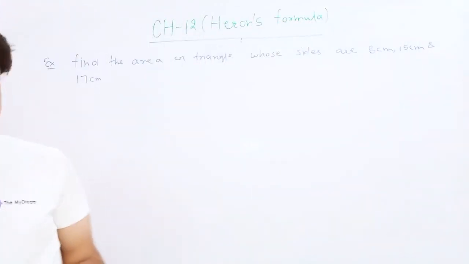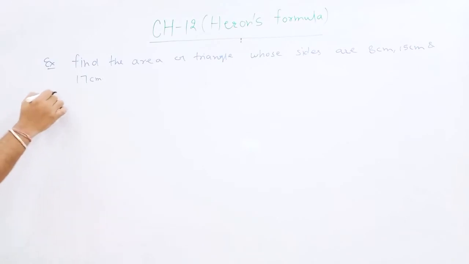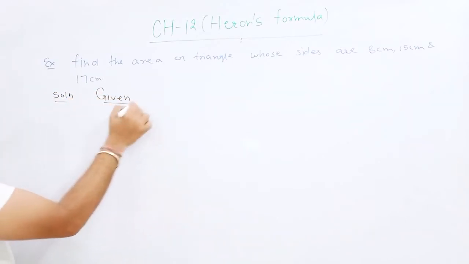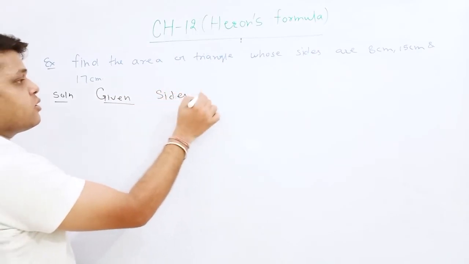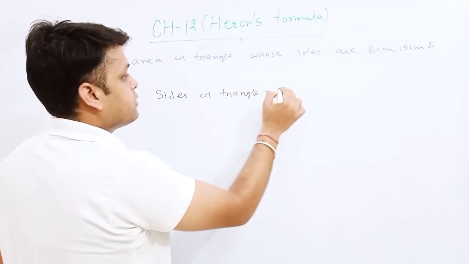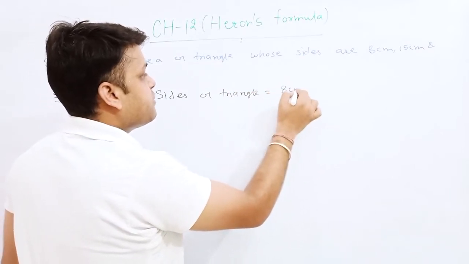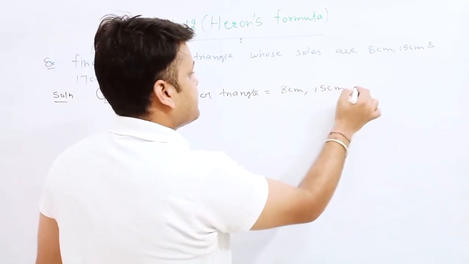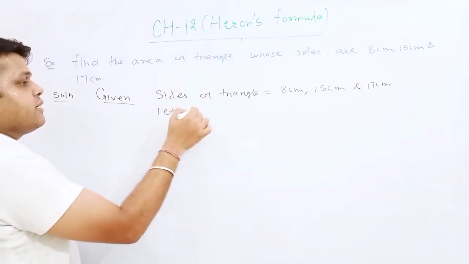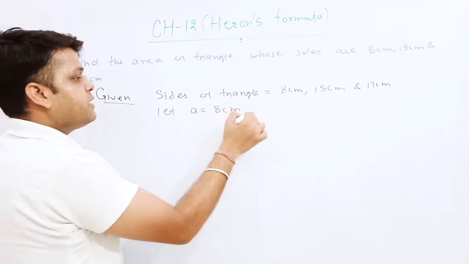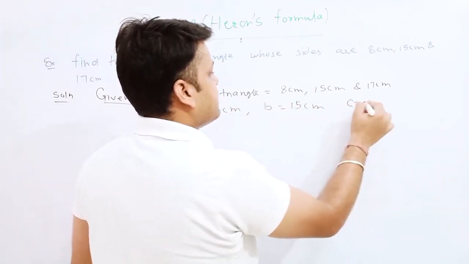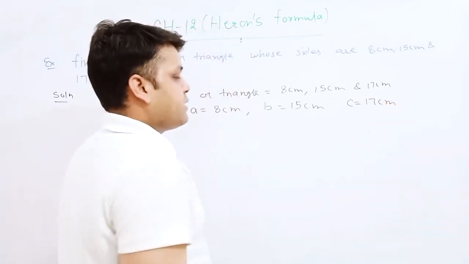So simply we can write given sides of triangle which is equal to 8 centimeter, 15 centimeter and 17 centimeter. Let A is equal to 8 centimeter, B is equal to 15 centimeter and C is equal to 17 centimeter.